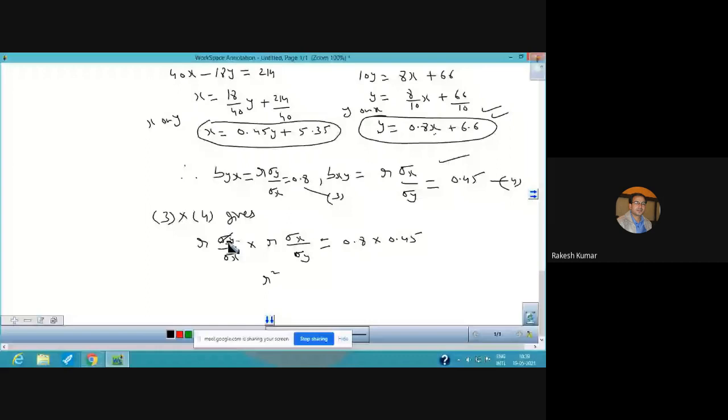R square is 0.36, so therefore r comes out to be 0.6. So this is your value of r, that is the correlation coefficient.